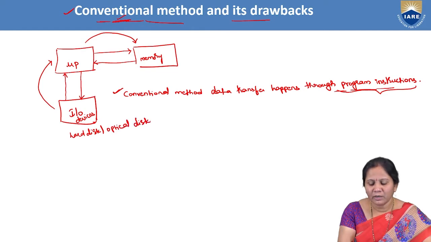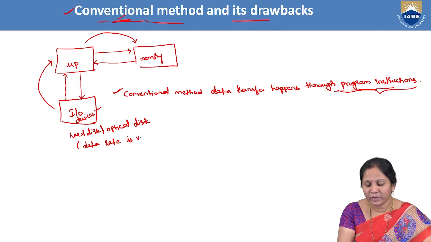So these are the fast devices. If any of these are under the IO devices, why they are called fast devices means the data rate in these devices will be high, fast. So they are called fast devices because the data rate is very fast in the hard disk or optical disk.